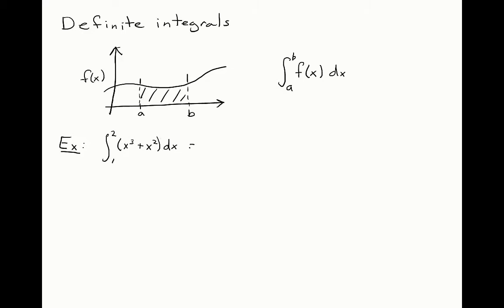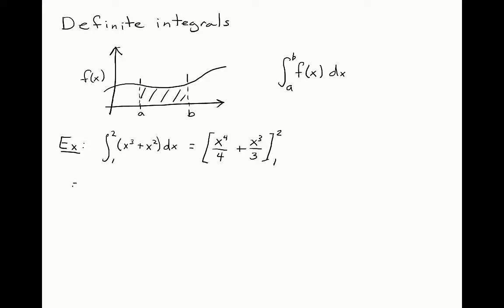So we do our integral like normal, x to the 4th over 4 plus x cubed over 3. Now there's two different ways you can write how you're doing an integral. You can just put a bar over here and put 1 to 2. But when I have things with multiple terms, I tend to use brackets instead. It's just so I don't forget everything that I have to integrate. So I put brackets around it and write the 1 to 2 right here.